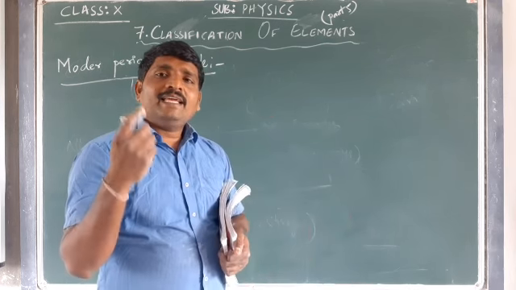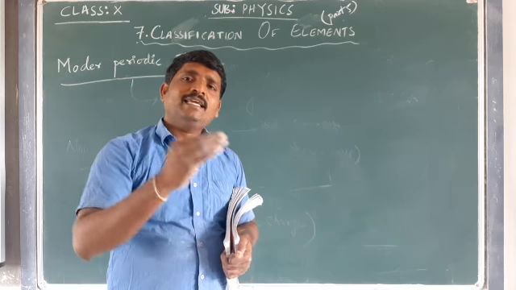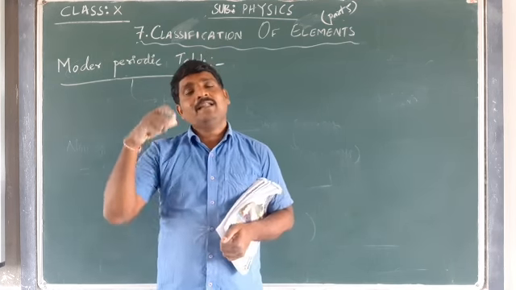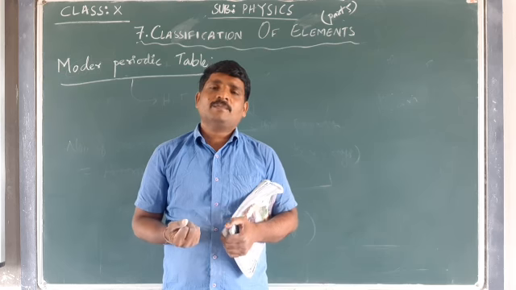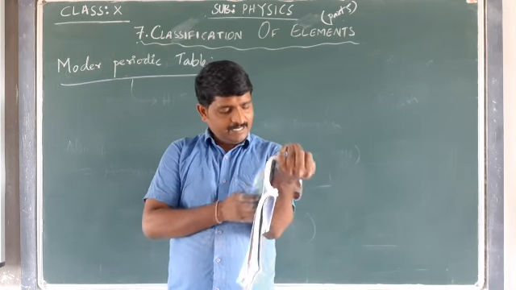He thought of arranging the elements not by atomic weights, but chose another way, arranging the elements in increasing order of atomic numbers. Now the atomic number concept came into existence. That's what is being given here.